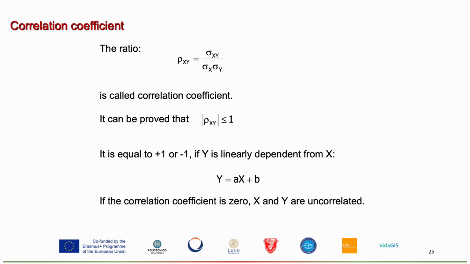In particular, and this is very easy to be proved, when y is linearly dependent from x, I mean y equal to ax plus b, the correlation coefficient is equal to +1 or -1 consistently to the sign of a. +1 if a is positive, -1 if a is negative. When the correlation coefficient is 0, x and y are said to be uncorrelated.